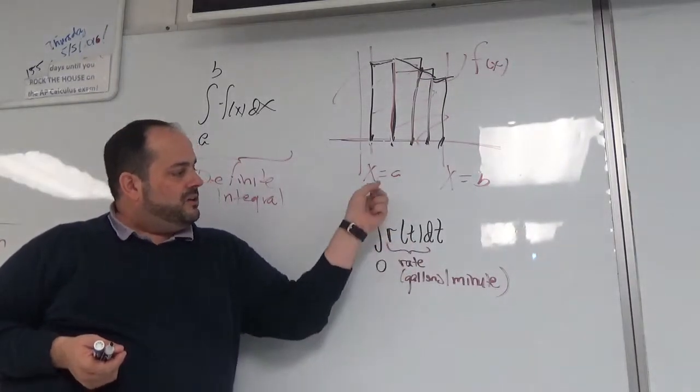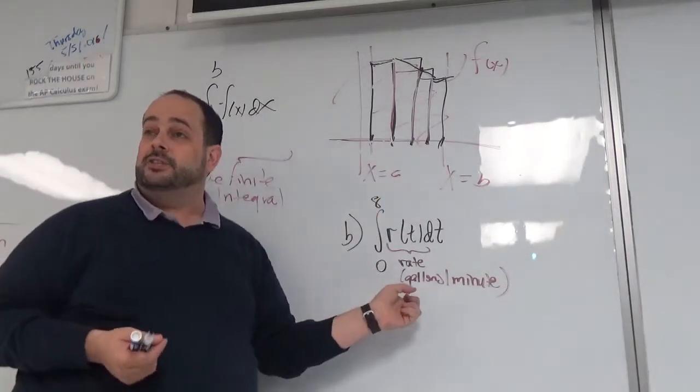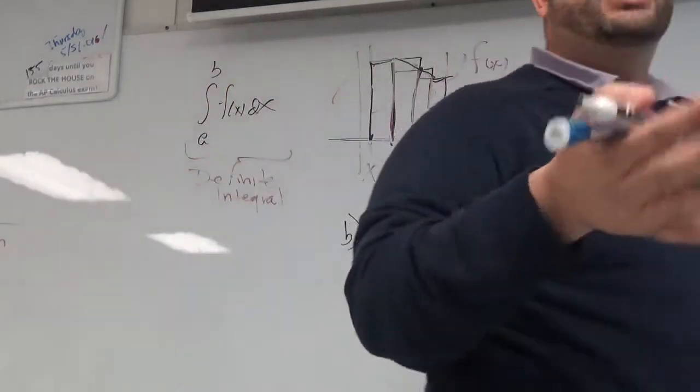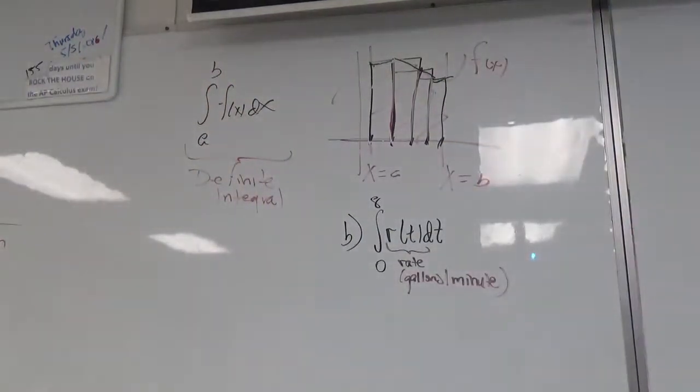For the integral from 0 to 8, a popular wrong answer is to say it represents the area. Now, does a definite integral represent area? Yes. Absolutely. But when I'm talking about a rate function, when my units are things like gallons per minute, that area takes on a new meaning.